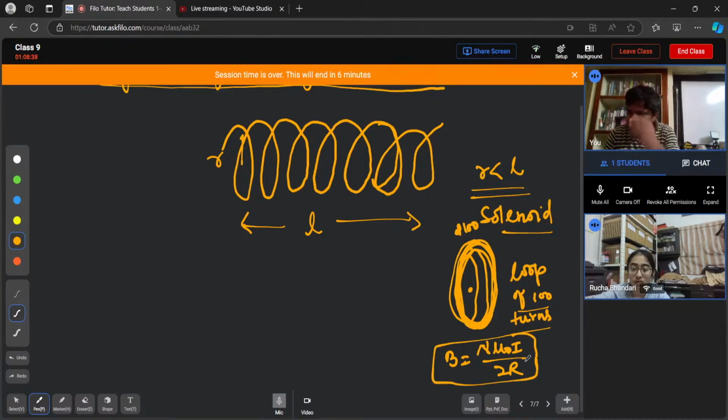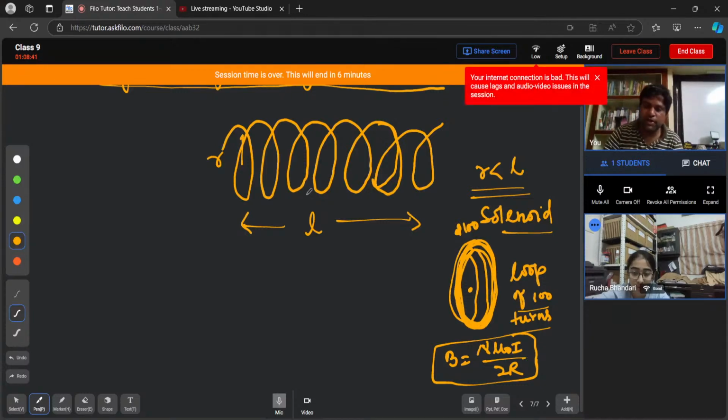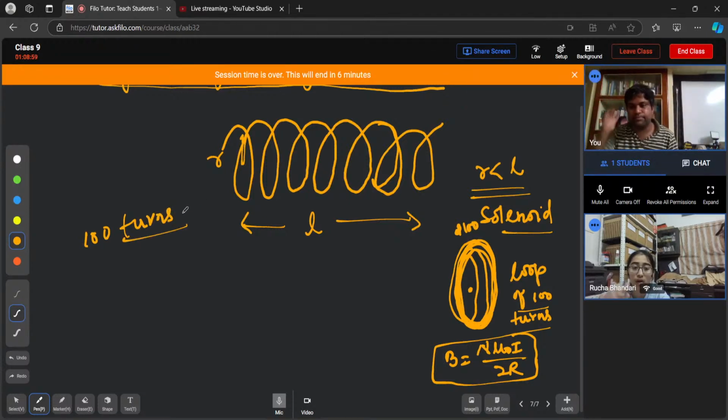Now we'll derive the equation for a solenoid. If the question is for a 100 turns solenoid where R is less than L, these 100 turns are spread out, not one over another.